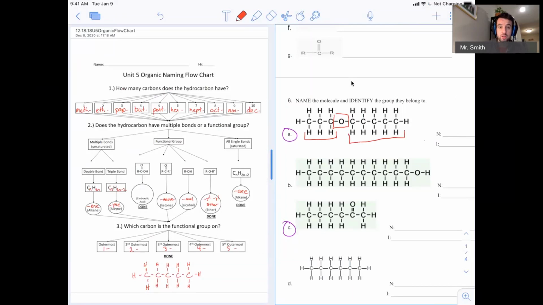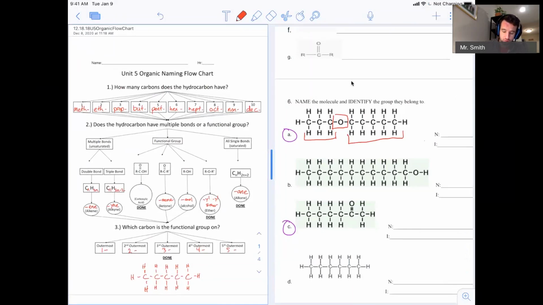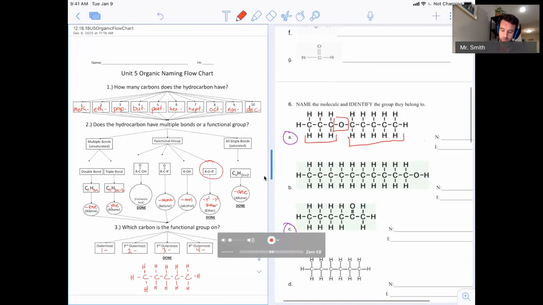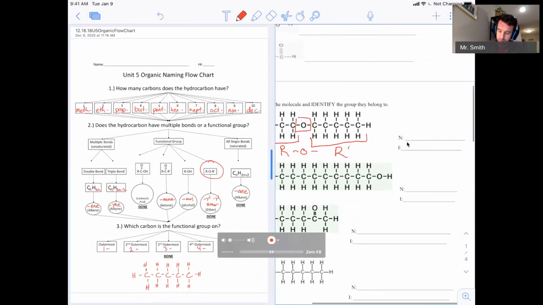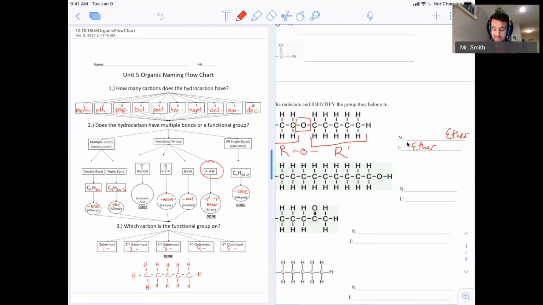So this looks very similar to this setup where we have some R group on one side bonded to an O, and then an R group on the other side of a different length. So we might even call that R prime. So this is an ether. So I would definitely write down ether. And then remember, we always end the name with ether, so I'll also put that in.